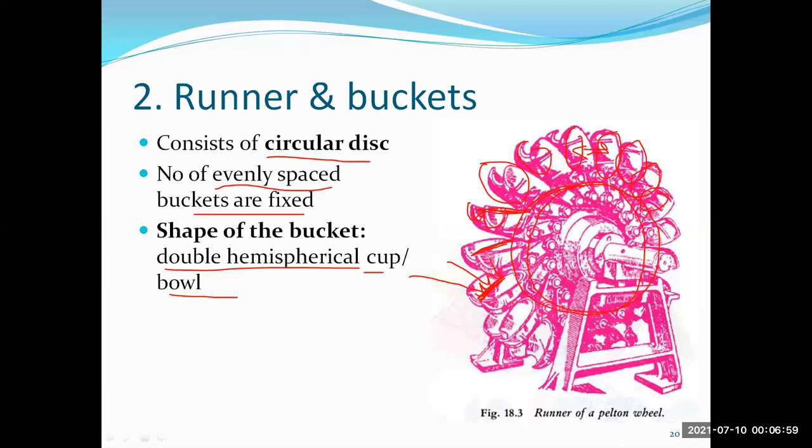Once it strikes the splitter, the water will be divided into two equal parts and come out through the outer edge of the bucket like this. So that is the runner and bucket arrangement.